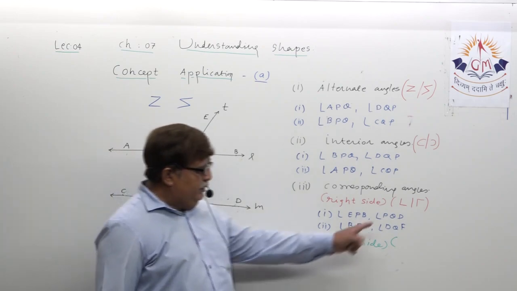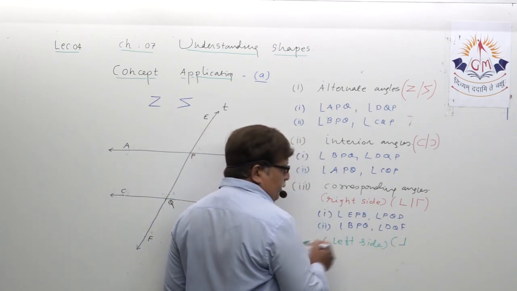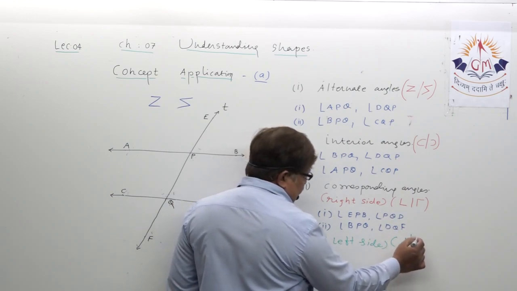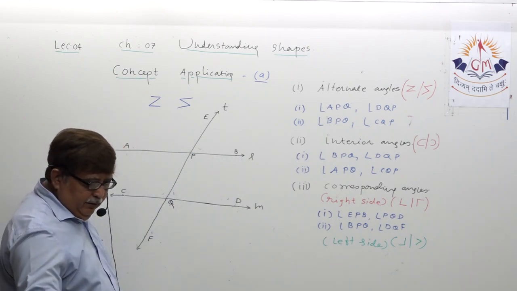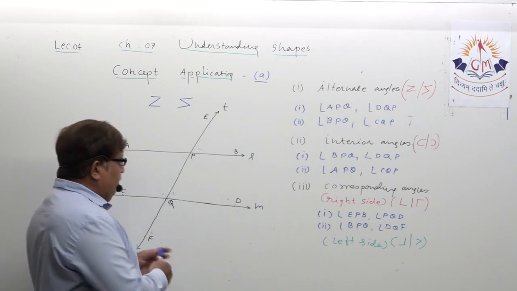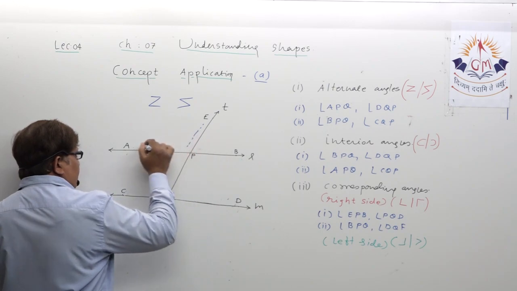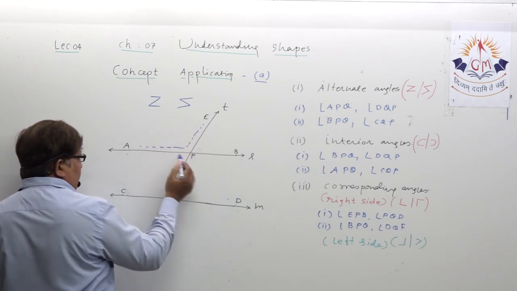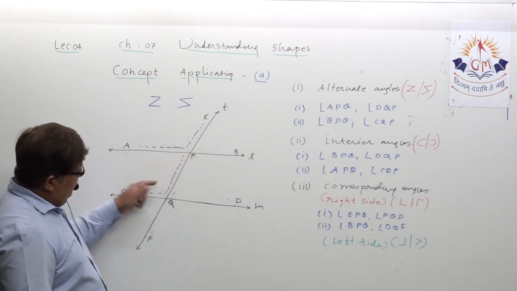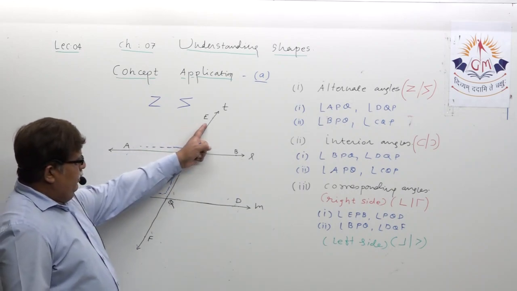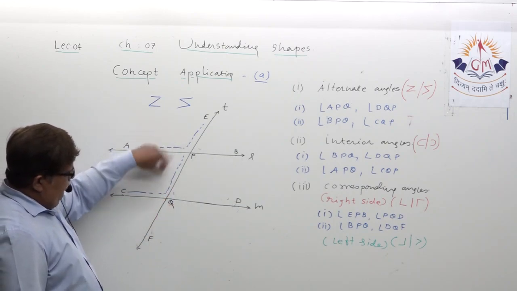What I have taken here, L, you take inverted L. What I have taken here, inverted 7, you take real 7. Is it clear? Let us try to name it this way. Inverted L, see from here. This one first, this is inverted L, and the second one. See, this one. Name these two angles. Angle EPA, angle PQC. You can see this inverted L.